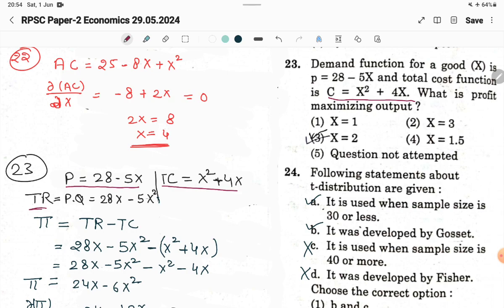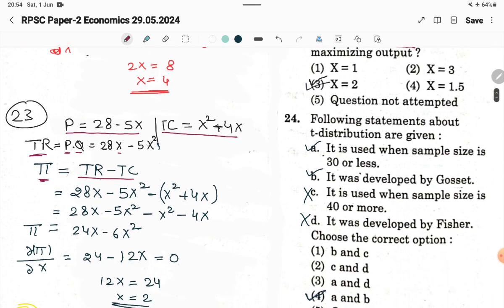So total revenue will be p into q. P is the price and q is the quantity. So 28 into x, x is the quantity, minus 5x multiplied by x, then it will be minus 5x^2. So profit will be total revenue minus total cost.